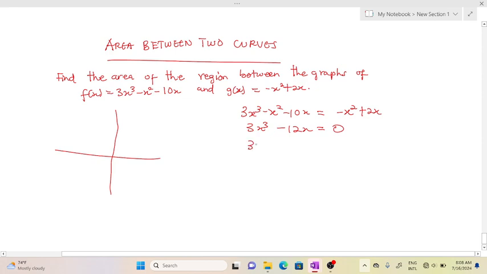Factorizing 3x out, I'll be getting x squared minus 4 is equal to 0. So I'm going to have x to be 0, x to be minus 2, and x to be positive 2. So these are my points. 0 is a critical point, minus 2 is a critical point, then 2 is also a critical point. What do we do next?